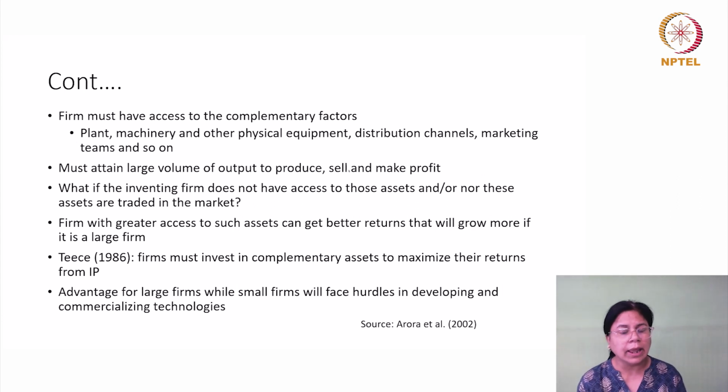Clearly, any firm which has greater access to such assets can get better returns from that, and as a result they will grow into a very large firm. I think we have also discussed this point earlier. The TES has pointed out that firms must invest in the complementary asset in order to maximize their return from IP.